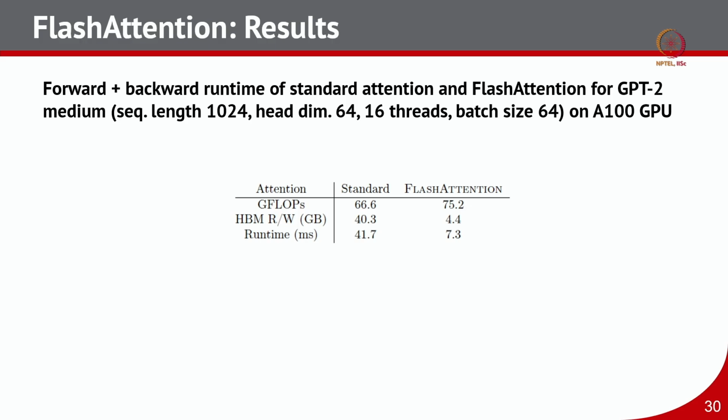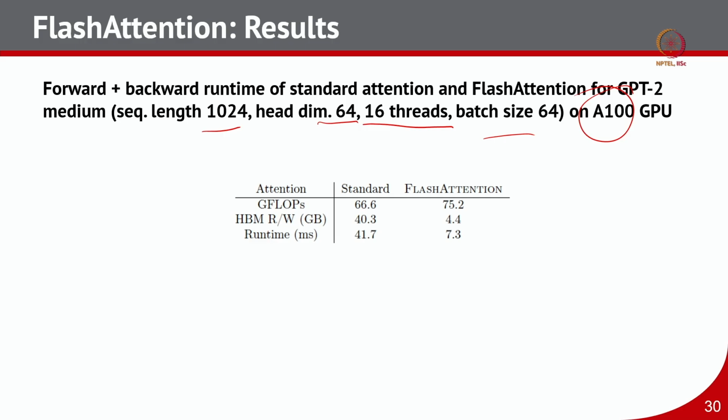Now, let us see the improvement in terms of training. In this slide, I am showing you the forward plus backward runtime of standard attention and FlashAttention for GPT-2 medium, a large language model, where the sequence length is 1024, there are 64 heads, and a batch size of 64 on an A100 GPU.